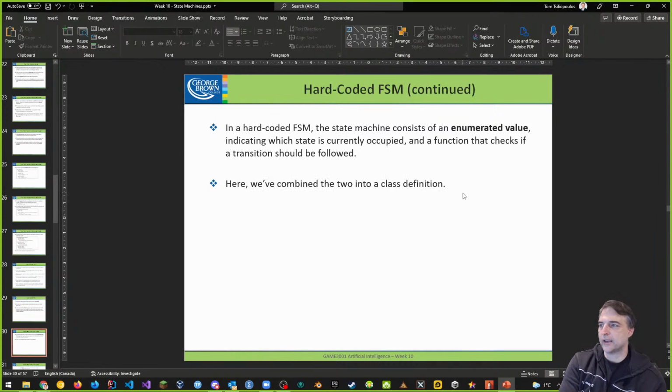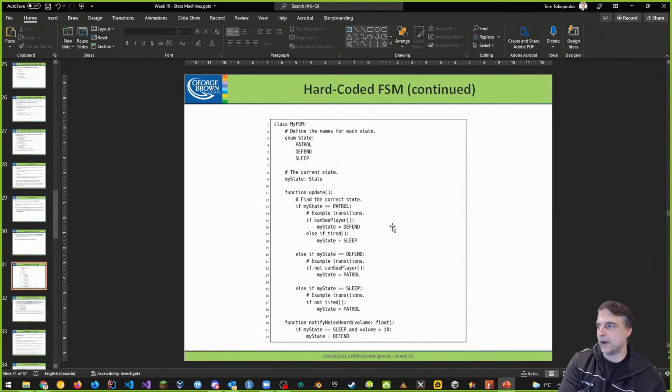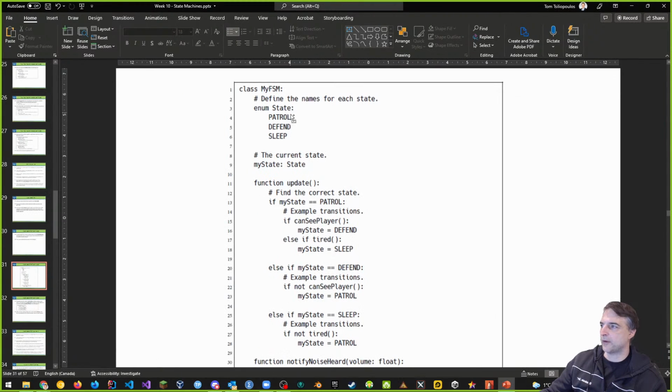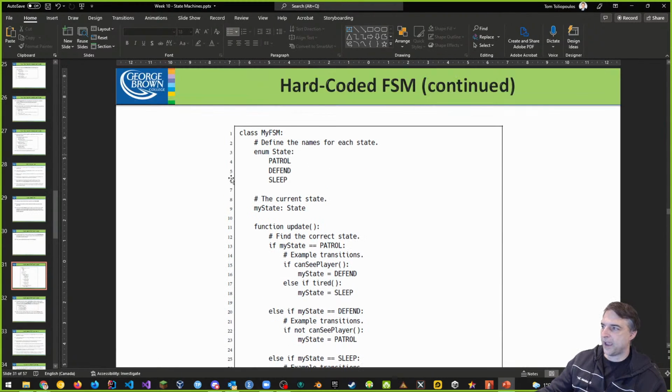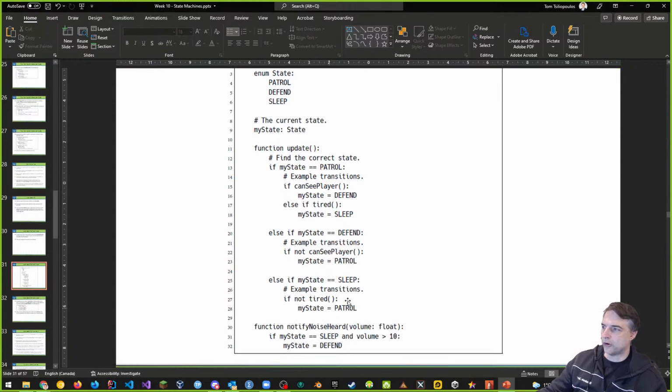So how does this look? We might have, like we said before, some kind of enumeration like patrol, defend, or sleep. And then we just hard-code it. So we'd say something like, if my state is equal to patrol, and I can see the player, then my state changes to defend, okay?